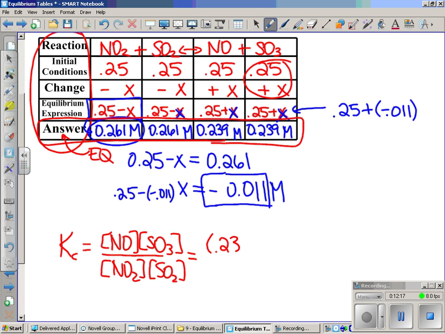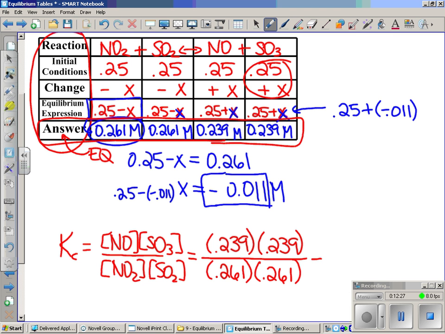So I'm going to plug all of those in. So I'm going to get 0.239 times 0.239 over 0.261 and 0.261. And I'm going to solve for my Kc, and I end up with a value of 0.839. Remember, K does not have a unit.